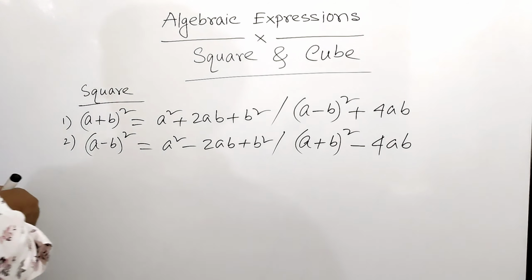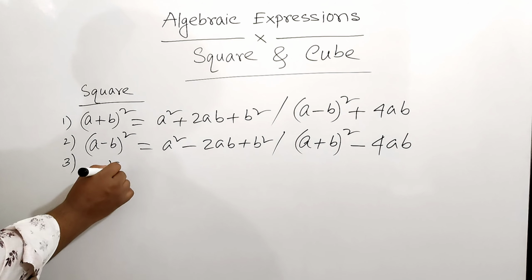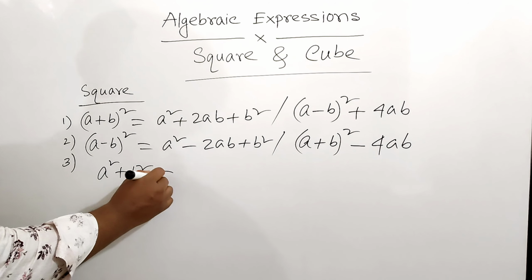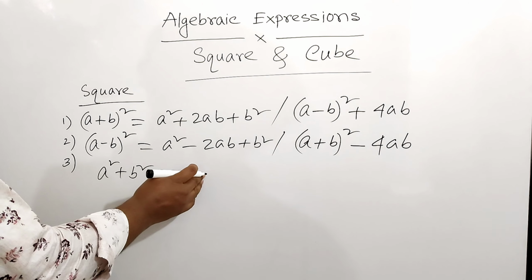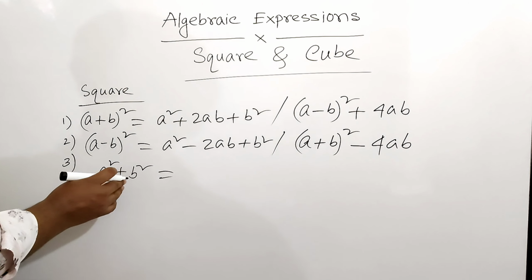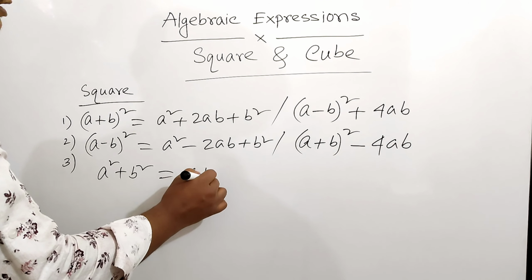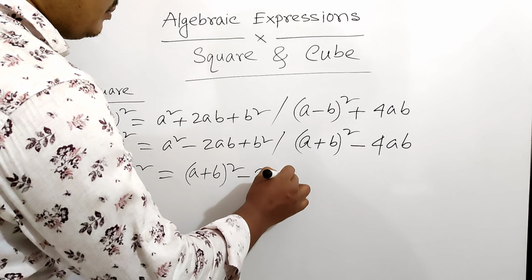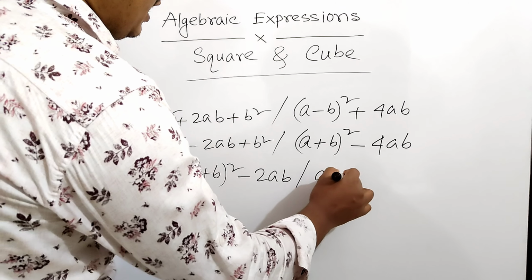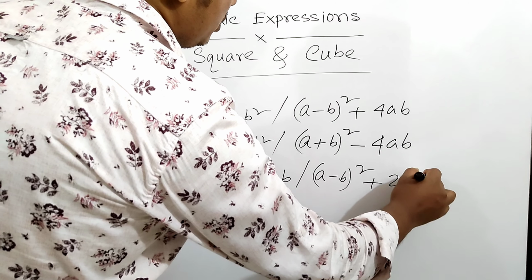Now number three. Number three is a square plus b square, and this is a very important formula for solving the given expression. So now we learn two formulas from this expression, that is a plus b whole square minus 2ab, or a minus b whole square plus 2ab.